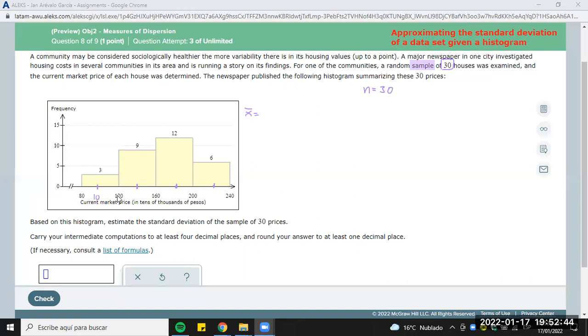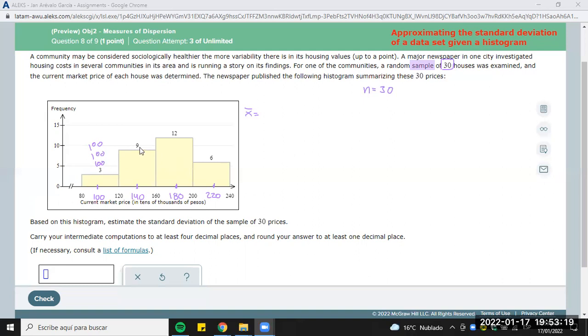So we're going to say that those 3 houses on average are worth 100, in tens of thousands of pesos. So I'm going to do the same for all of this. This is easy because it's just the midpoint of each of these, right? This means that there are 3 houses that are worth, on average, 100 tens of thousands of pesos.